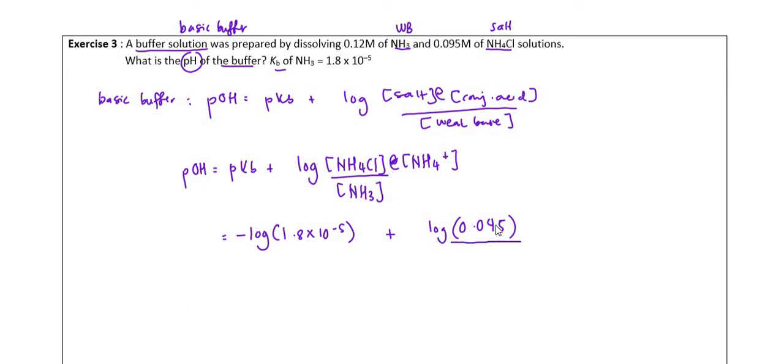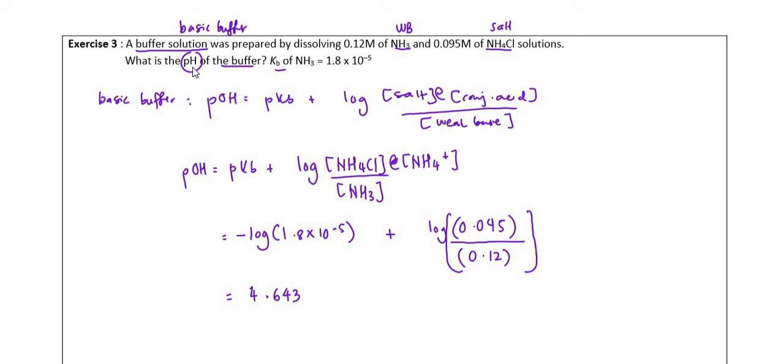Over concentration of ammonia 0.12. Using the calculator you get 4.643. This is your value.